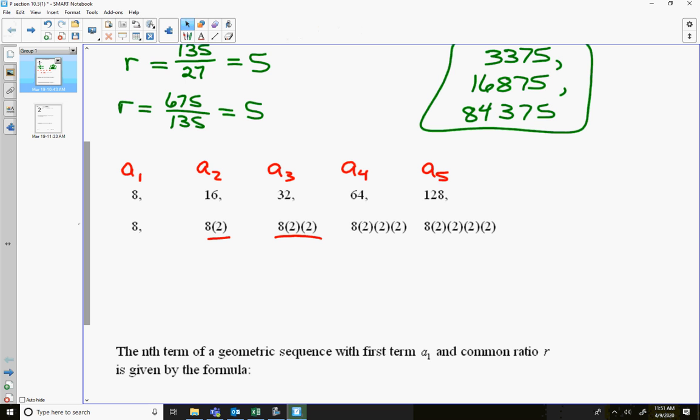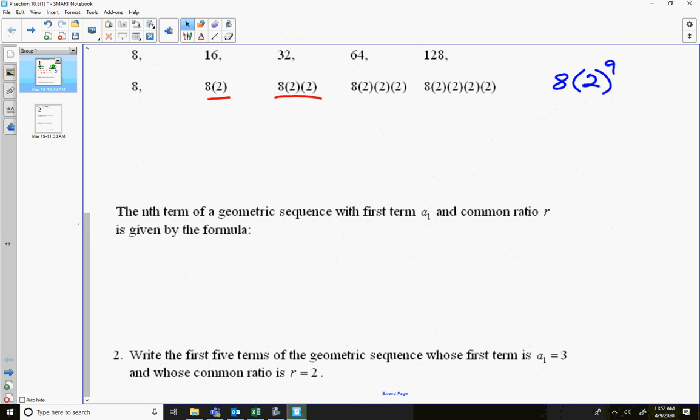With that in mind, jumping all the way to, say, the 10th term, how would I find that? Well, it would be that first term of 8 times how many 2's? Should be 9 of them. So 2 to the 9th power. And that will lead us to our formula for the nth term of a geometric sequence.